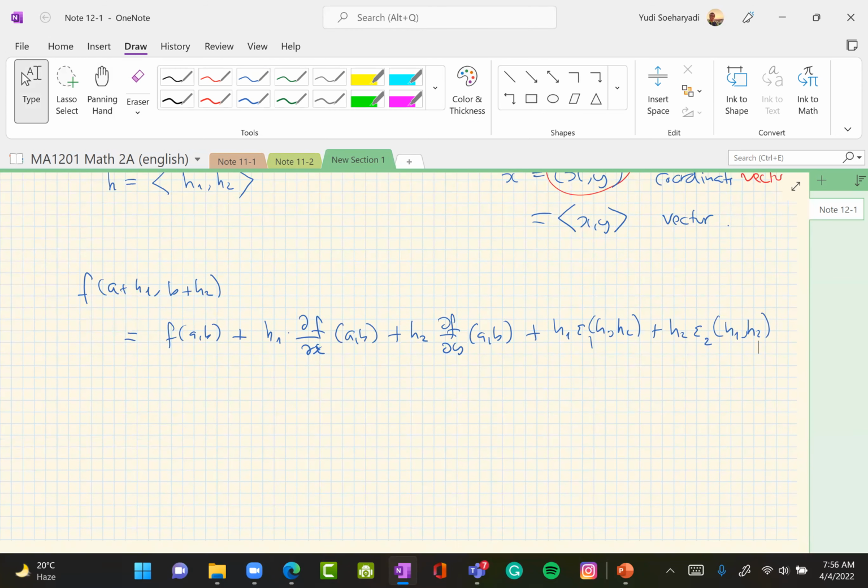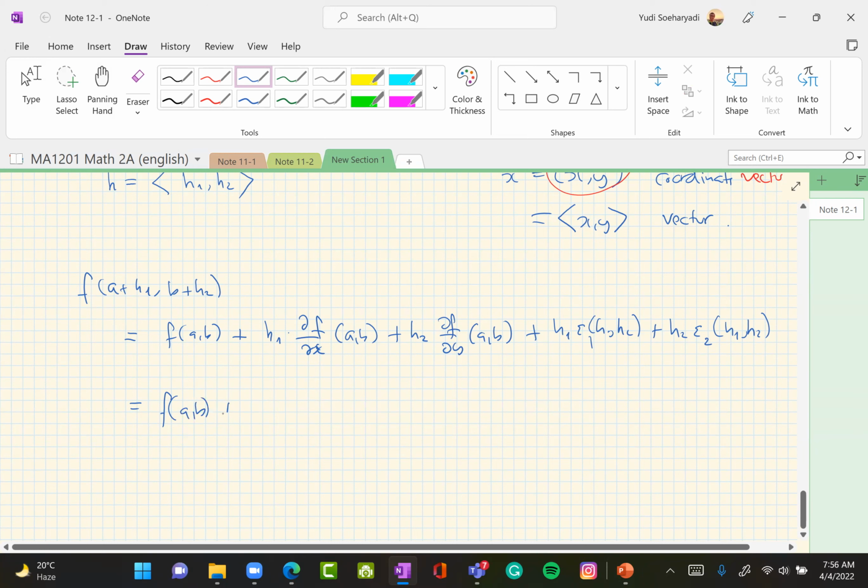Okay, so let me rewrite this, especially this one. Right, so this is the vector h1, h2 dot product with df dx comma df dy computed at AB.